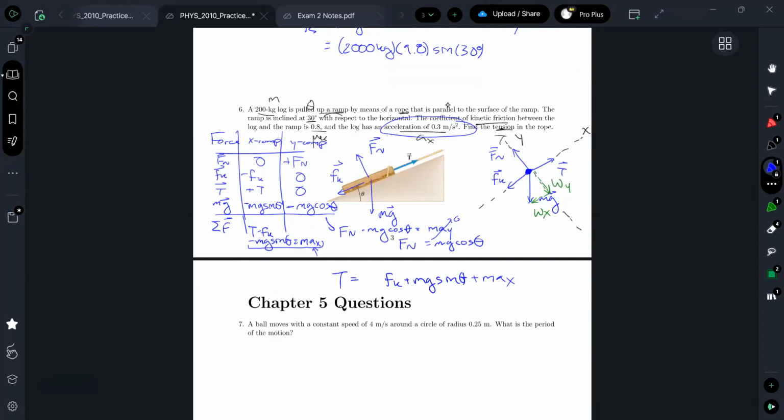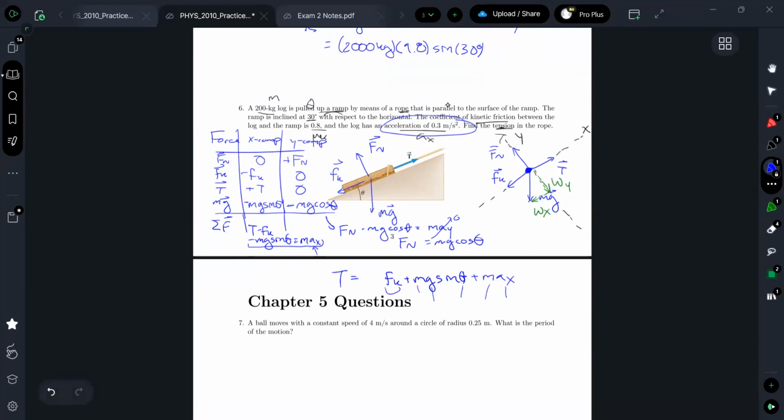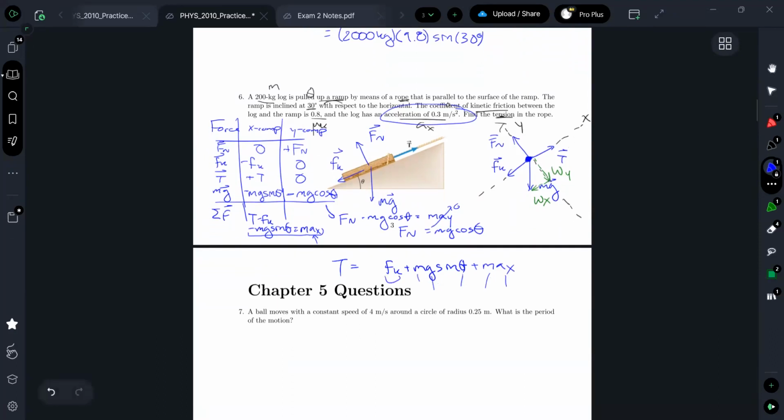So if I have all three of these things, I'm done. I know m, I know g, I know theta is 30 degrees. I know x acceleration. I know that mass. So the only thing I got to be a little bit careful about is kinetic friction. I know that the magnitude of it is mu k Fn. That's a substitution I can always make for kinetic friction, just like I can always say mg for weight.